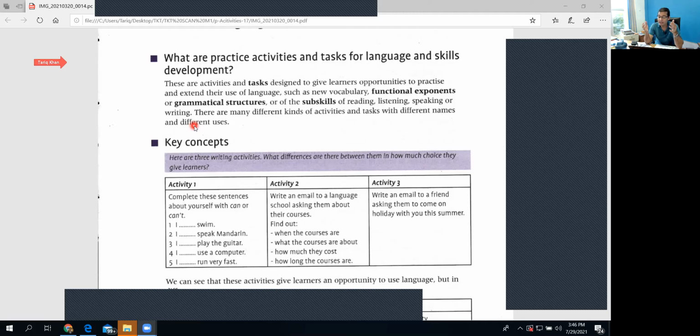Okay. Then in Unit 15, we discussed different approaches to teaching, where some approaches are from a grammatical point of view, some from a functional point of view, some from a lexical point of view, and some are a mixture of all that.